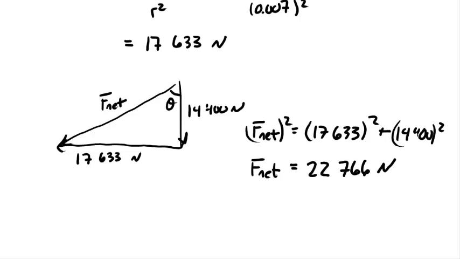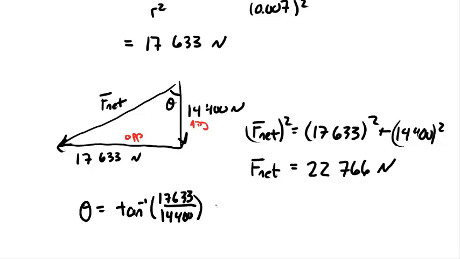So if I have my angle, this will be my opposite side, this will be my adjacent side, so we're going to be using tangent for this. And so to find my angle is going to be inverse tangent of my opposite over my adjacent, which gives me 50.8 degrees, and that is west of south, the way I've set it up.